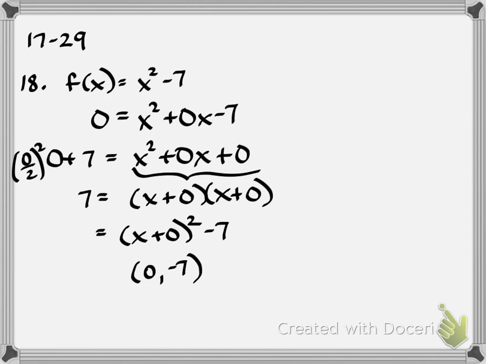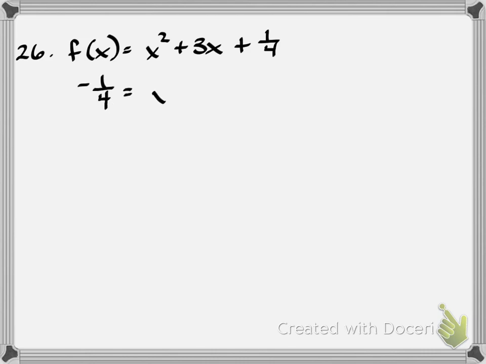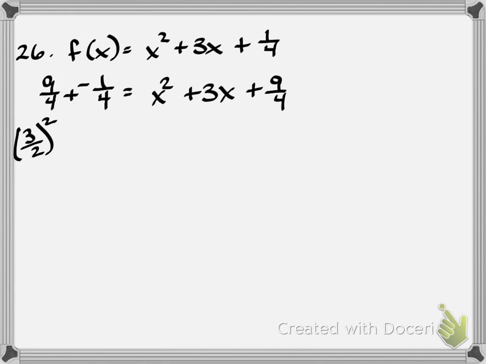Let's see a different one. It doesn't work out quite the same. Let me do number 26. Alrighty, I'm probably going to move the 1/4 to the other side. And I've got my b over 2 squared, which is 9/4, and we're going to add that to both sides. 9/4 minus 1/4 is 8/4.